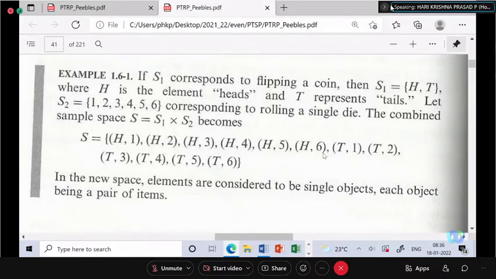When it comes to the second element, it is taken from the sample space of the second experiment: 1, 2, 3, 4, 5, 6. Okay, that is what we mean by combined sample space.